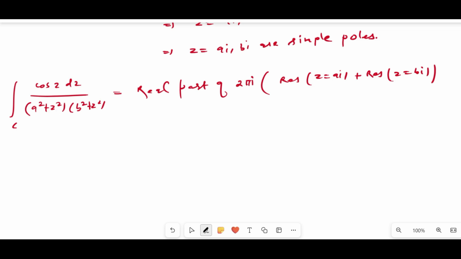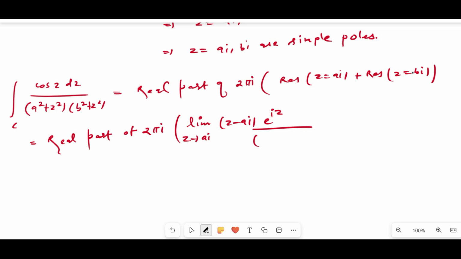So now this value will be equal to the real part of 2 pi i times, the limit z tending to ai of (z minus ai) e to the power of iz over (z square plus a square)(z square plus b square), plus the limit z tending to bi of (z minus bi) e to the power of iz over (a square plus z square)(b square plus z square).